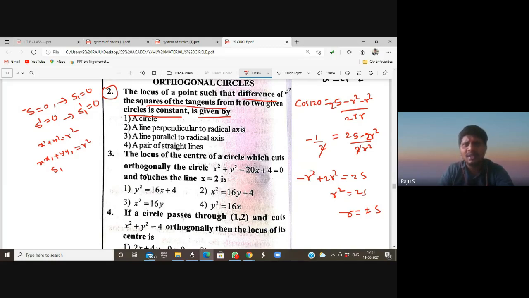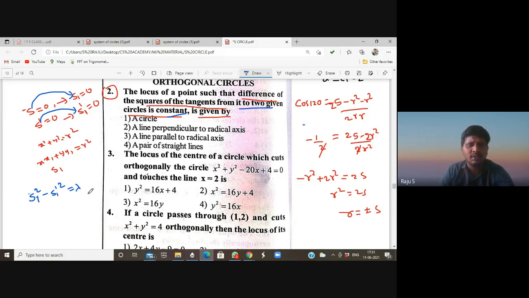Since they only gave the difference of squares of the tangents: the tangent of the first circle is S1, the tangent of the second circle is S1 dash. Then the difference of squares means S1 square minus S1 dash square is equal to a constant, which I am taking as lambda or k.